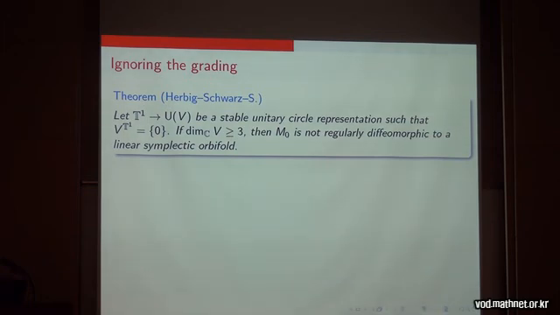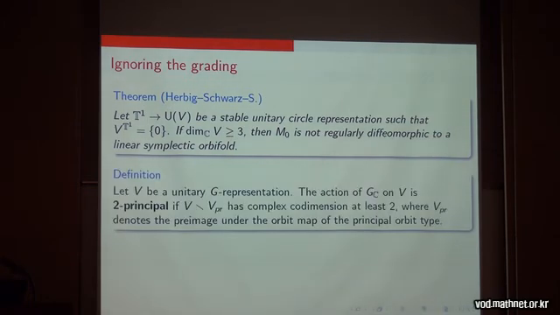And for the last result, let me just mention that for a representation of a complex reductive group, we say that it's two principal if you take the initial representation and remove all of the points that do not project down to a principal orbit, and you've removed a set of complex codimension 2 or more.